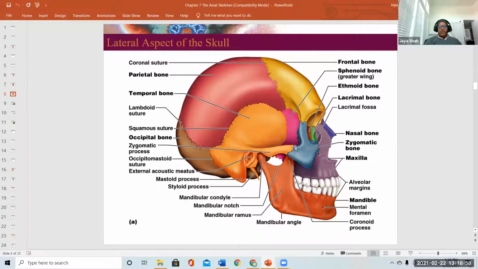And this section is the zygomatic process of zygomatic bone. Pay attention here. Here are two processes. Zygomatic process of temporal bone, and this part is zygomatic process of zygomatic bone. And together they form zygomatic arch.